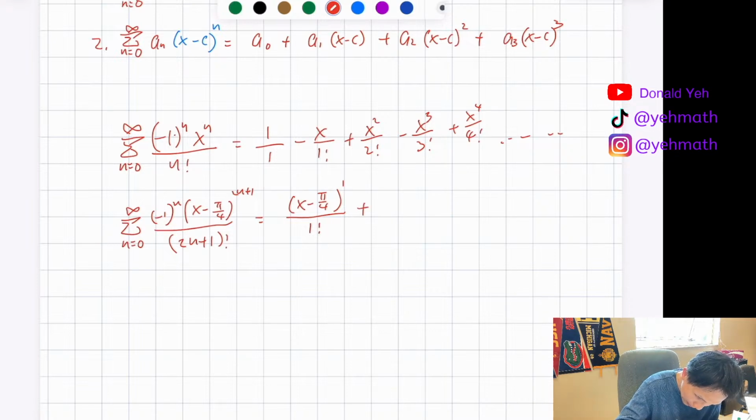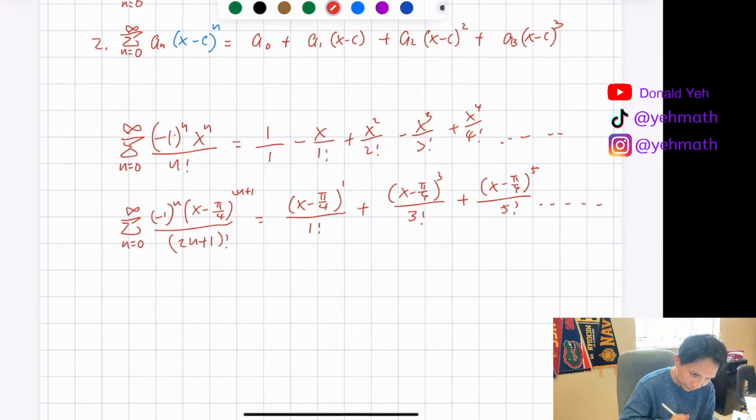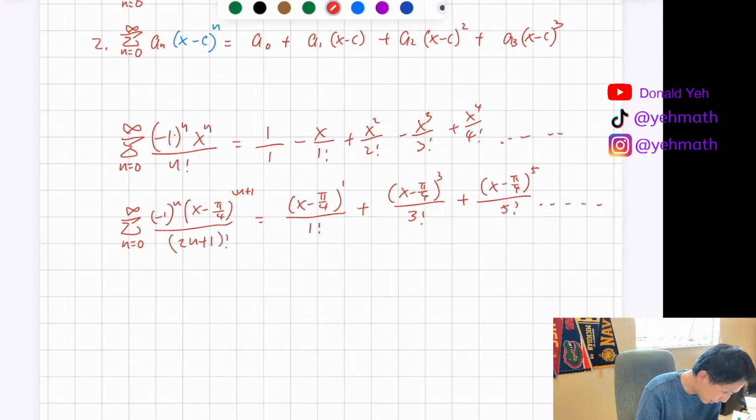Plus x minus pi over 4 to the plugging in 1, so it'll be 3 over 3 factorial, because they are the same number, plus x minus pi over 4 to the 5 over 5 factorial. And keep on going. So this is a representation of power series.